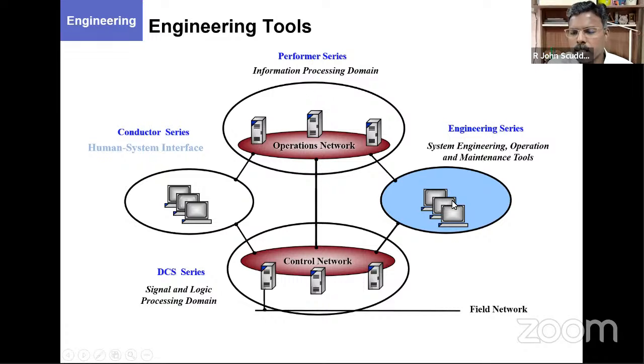Now, for those of you who have not visibly seen an engineering station, it is just a software platform where every processor in the DCS is separately visible, and whenever you open a processor, you are able to access it in the form of a file, like an Excel file or a Word file or something like that.